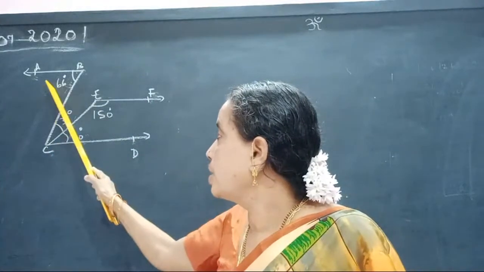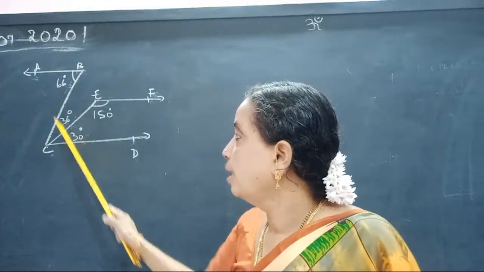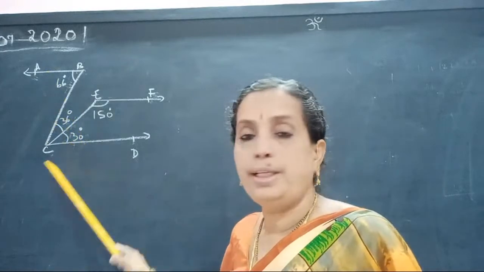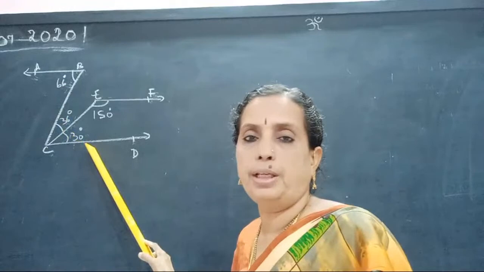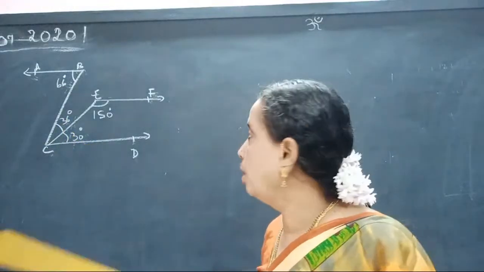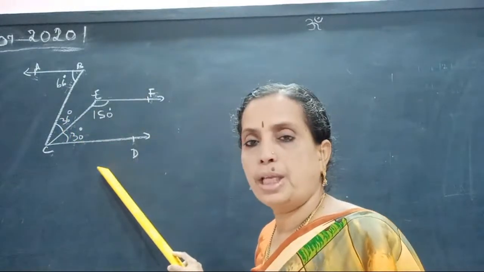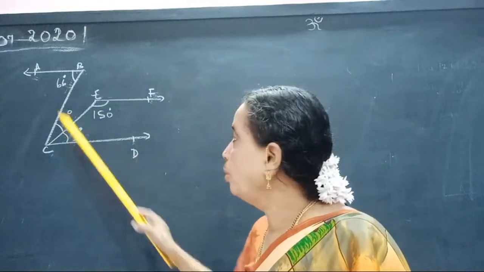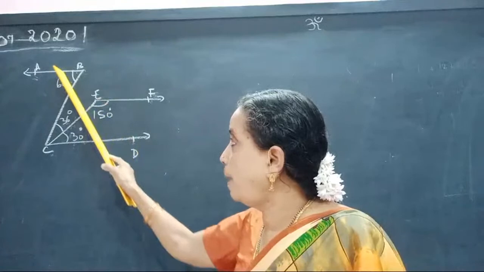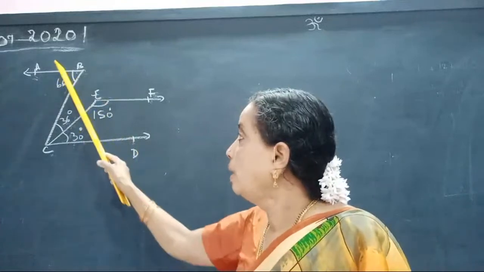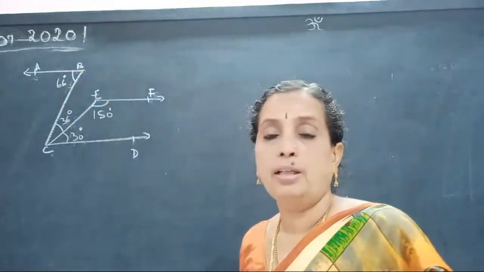Then 66, adding this, they are alternate interior angles. Therefore, AB is parallel to CD. In the beginning, we got EF parallel to CD. Then we proved AB parallel to CD. Lines which are parallel to the same line are parallel to each other.